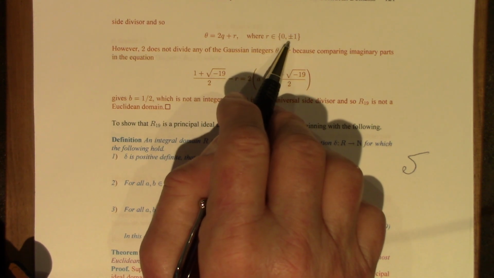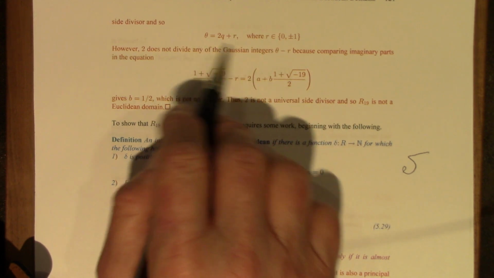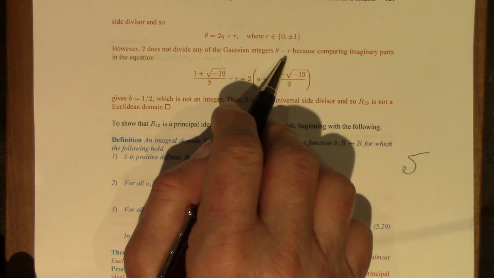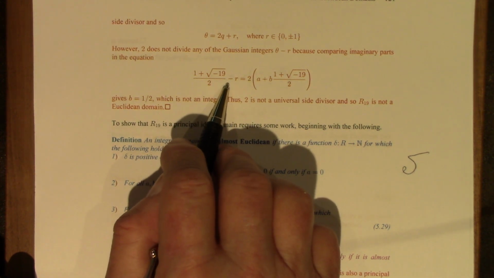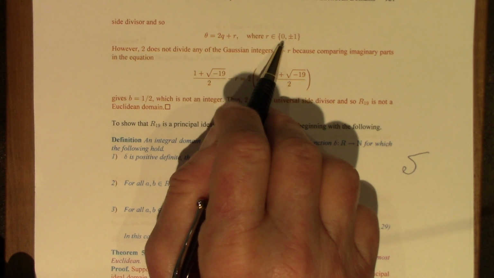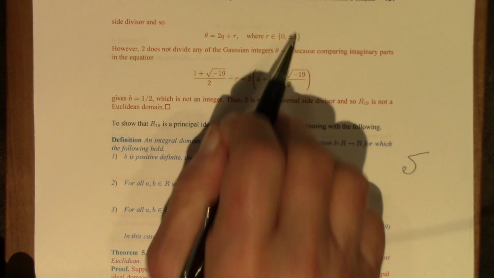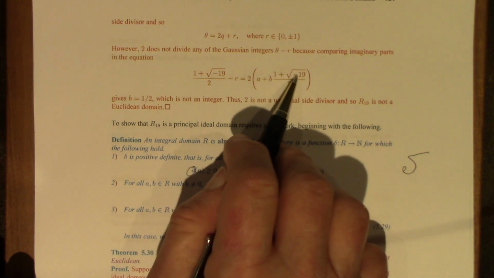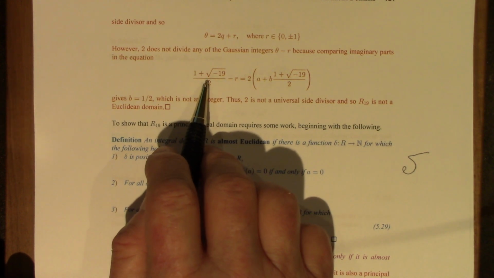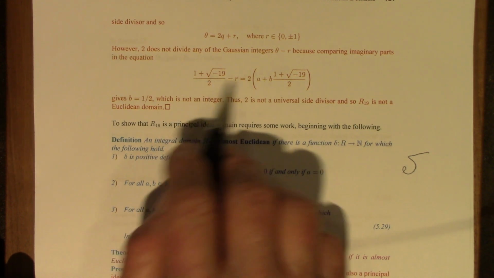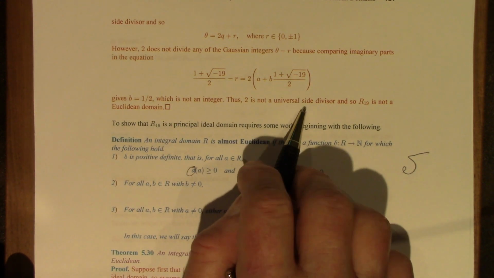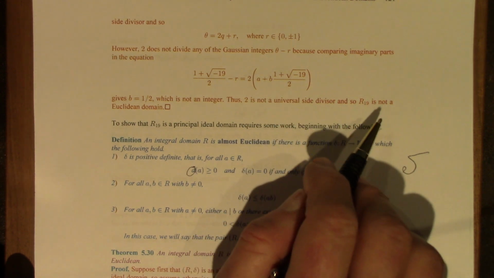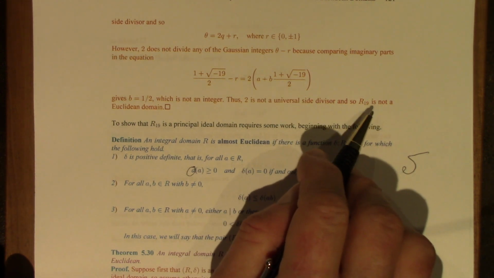But if we move the r to the other side, we have theta minus r. 2 does not divide theta minus r, regardless of which value r takes, whether it's 0 or positive or negative 1, because when we look at the imaginary parts, we get b equals 1/2, but b has to be an integer. Okay, so 2 is not a universal side divisor, therefore R19 is not a Euclidean domain.